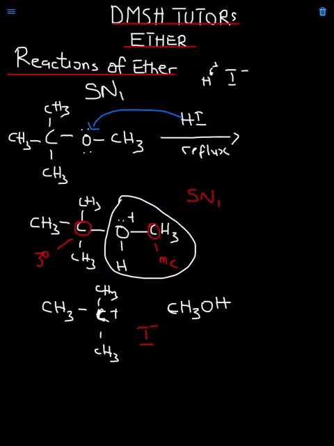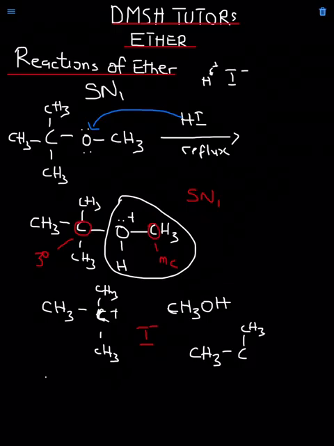Then we have CH3, iodine. So simple. So we have formed two products. We have formed methanol, and we have formed a tertiary alkyl iodide. So these are the two compounds we have formed now.